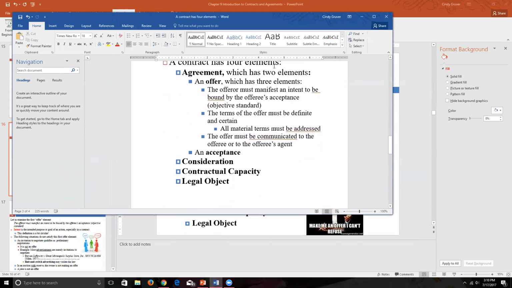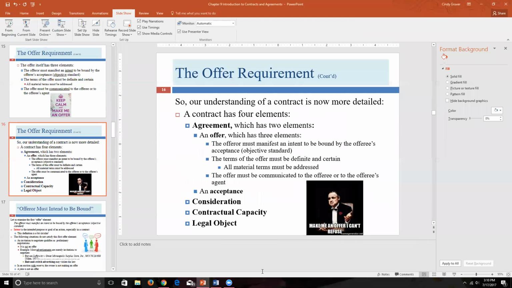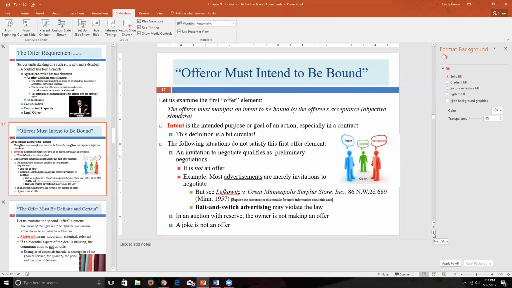Basically what I've done is just taken from the PowerPoint slide and put them into this Word document, and we have this more granularity under offer. But what we're going to do is go through each one of these 3 elements of offer and figure out what they actually mean.